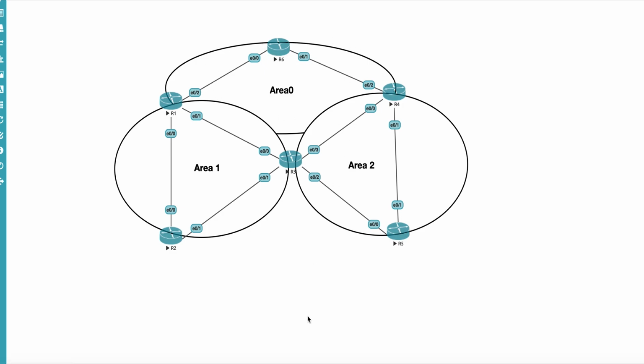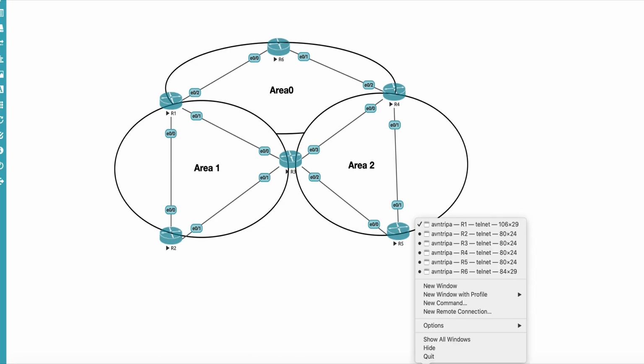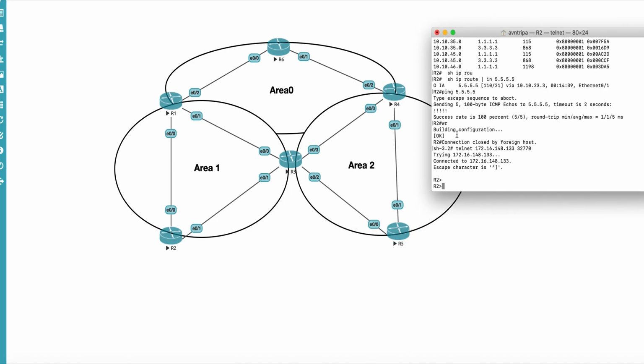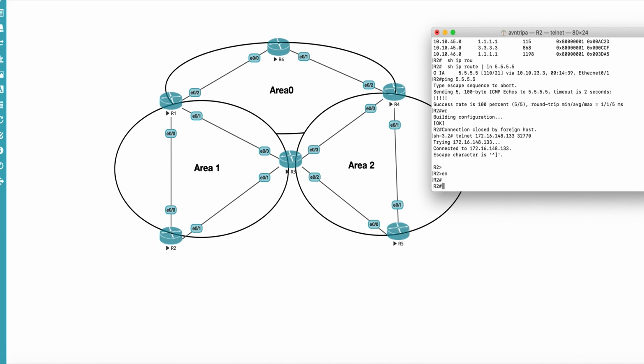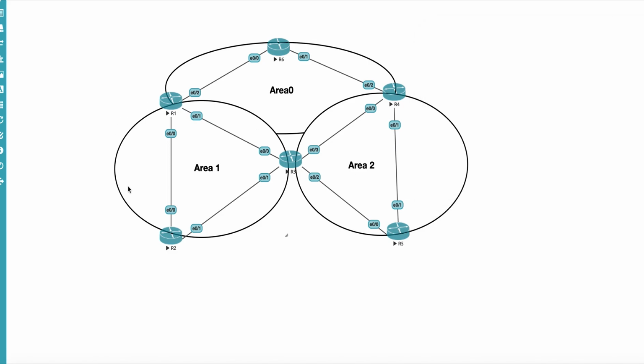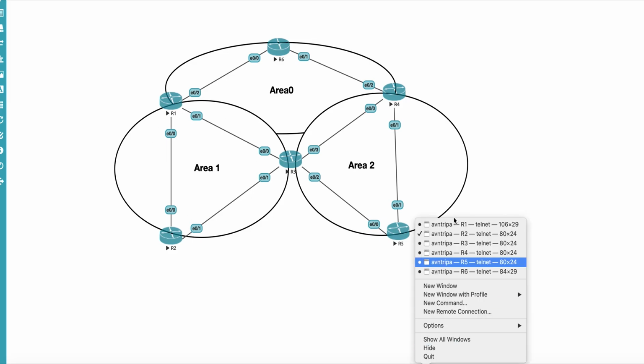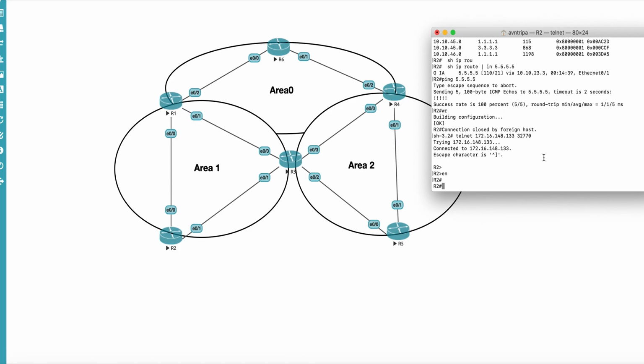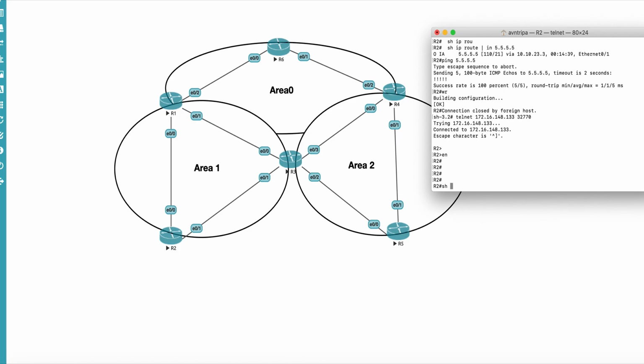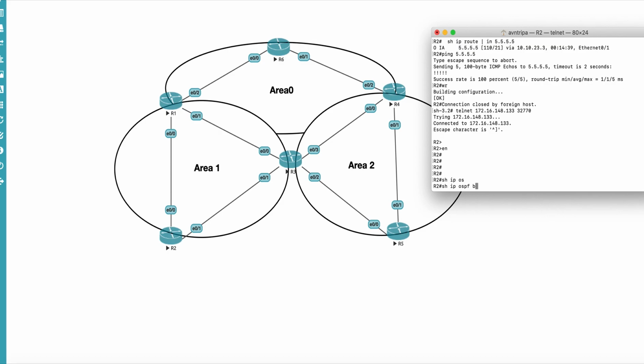Now let's check in a router what exactly the ABR is for that particular router. We are aware that in a particular area the topology is the same on all the routers. So let's check in R2 what the border router is here. Show IP OSPF border router.